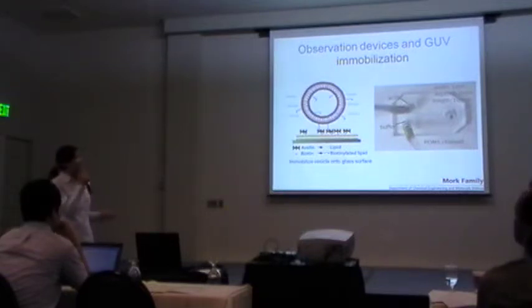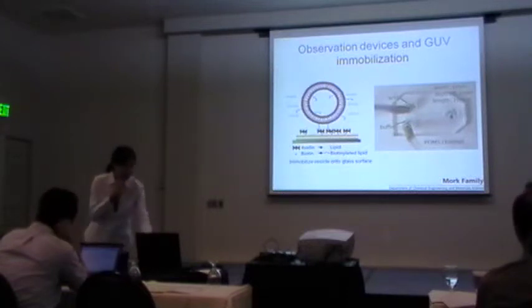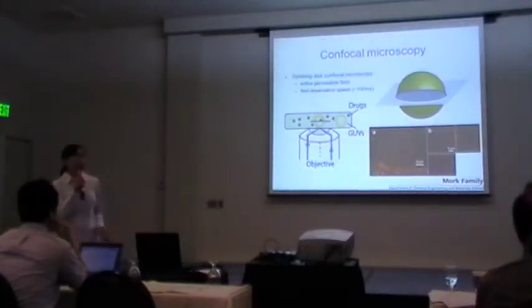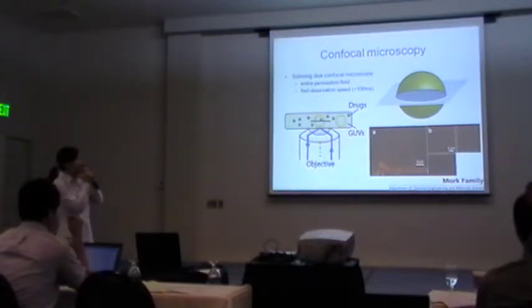And this GUV was immobilized in the microfluidic channel. This channel was composed by bonding the PDMS channel to a number 1 cover slip. And this device allows us to exchange the buffer system quickly and uniformly. And the spinning disk confocal microscope was used to observe the single GUV.